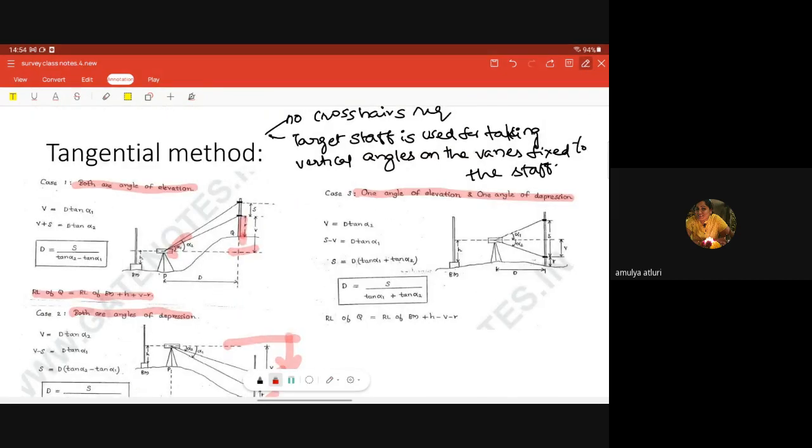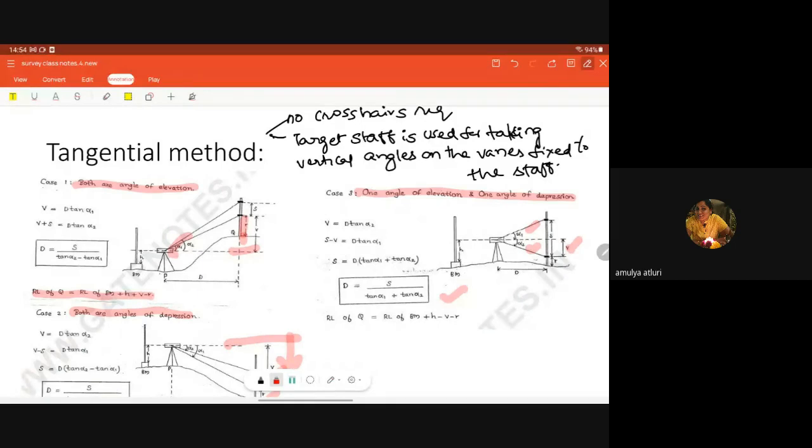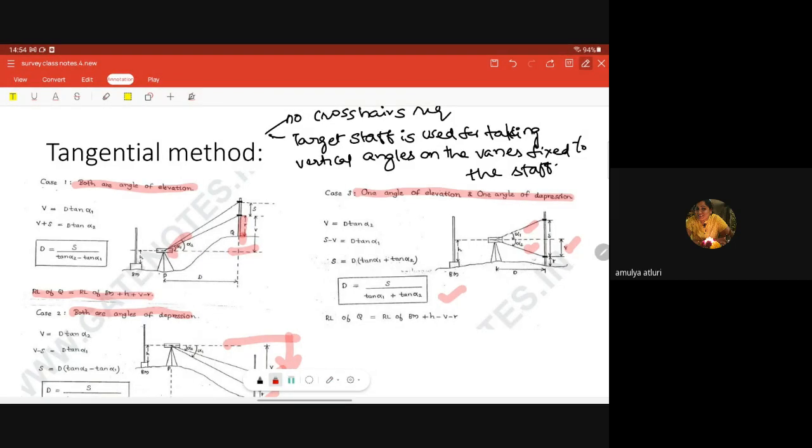Next, one angle of elevation and one angle of depression. Then V is equal to d tan alpha 2. S minus V is equal to d tan alpha 1. S is equal to d times tan alpha 1 plus tan alpha 2. From this you get d as S by tan alpha 1 plus tan alpha 2. What is the RL of Q?